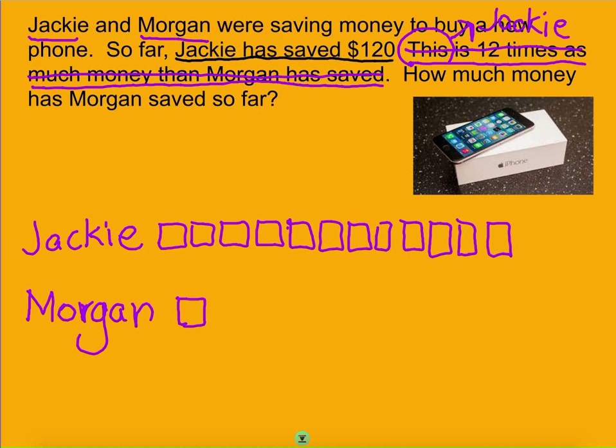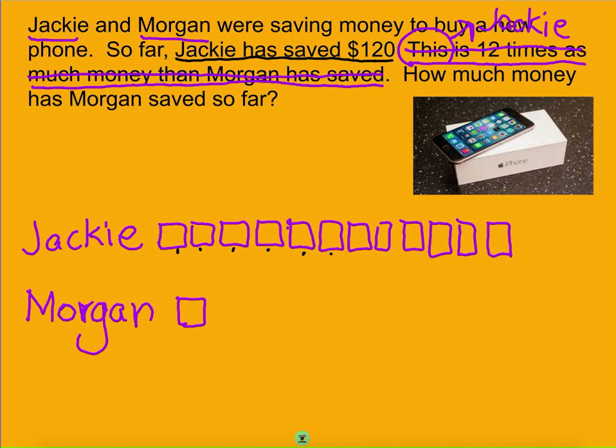So when I look at my model, I go to Jackie's name. And it says she saved $120. But you have to be careful. I can't put 120 in each box, because if I did that, it would be 120, 120, 120, 120, 120, 120.